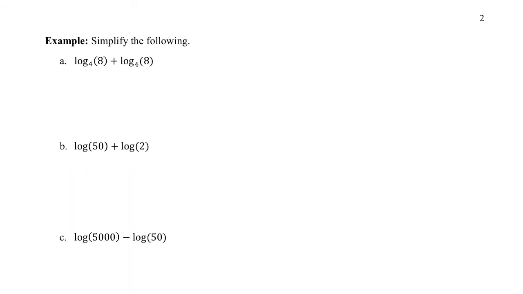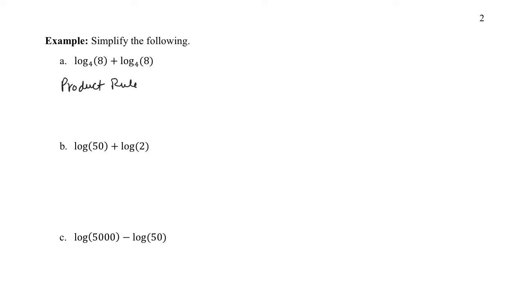Okay, so on page 2, we're going to take logs that are split up into 2 logs, and we're going to condense it into a single log, and that'll allow us to evaluate our answer. So I've got log base 4 of 8 plus log base 4 of 8. So I can use the product rule here from page 1. So this might be helpful if you can kind of flip back and forth.